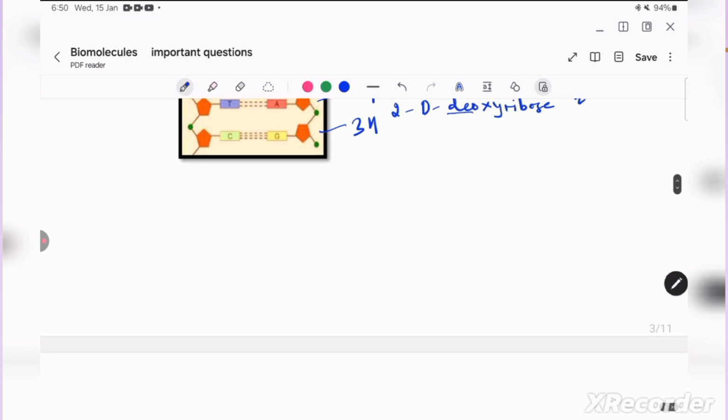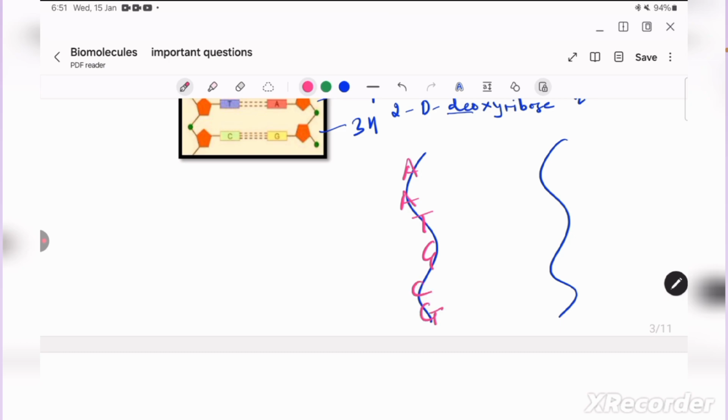Sometimes they ask you interesting questions of this pattern, like they will give you 2 strands of DNA and give you a sequence of bases on one strand, and they'll ask what is the sequence of bases on the other strand.